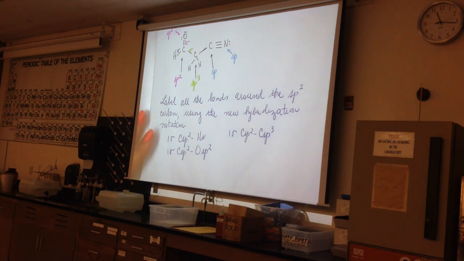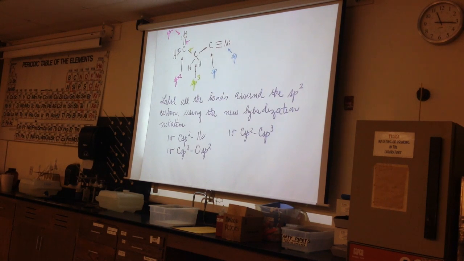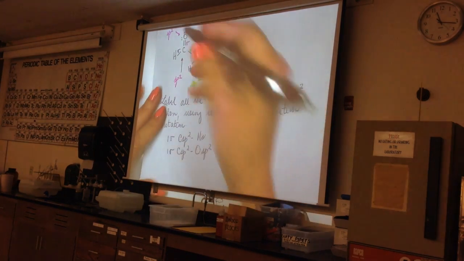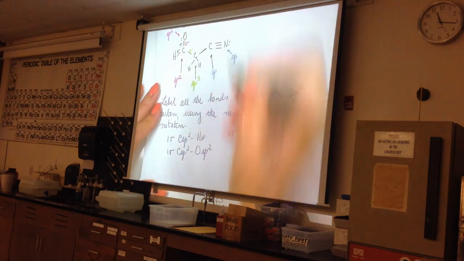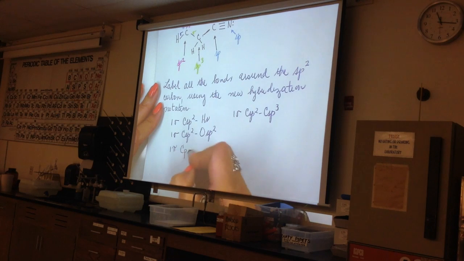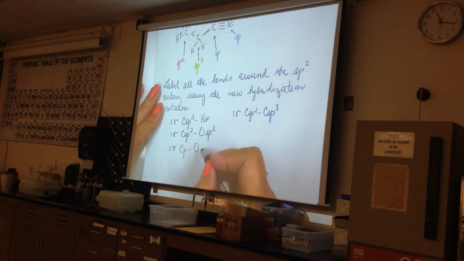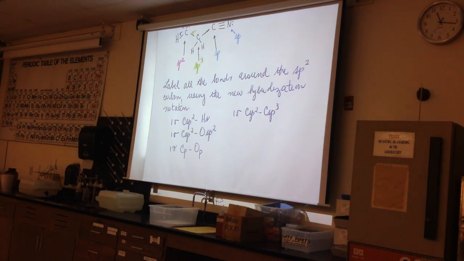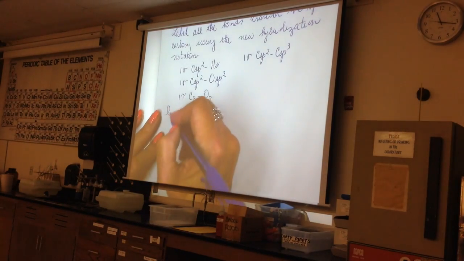All right, so anyway, what happens with the pi bond? What are we going to call the pi bond? So my pi bond over there, I'm going to say that the pi bond is carbon p to oxygen p. Where are the lone pairs of the oxygen located?